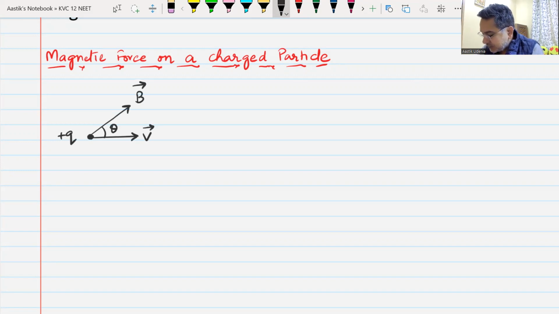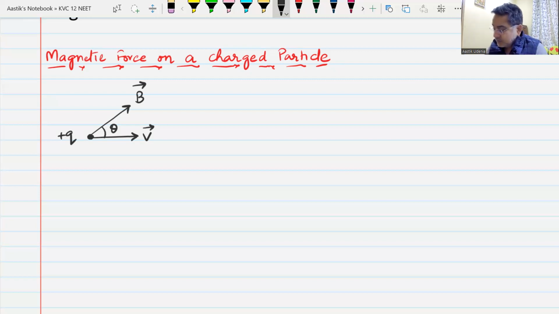The angle between the magnetic field and the velocity vector, as you can see, is theta.